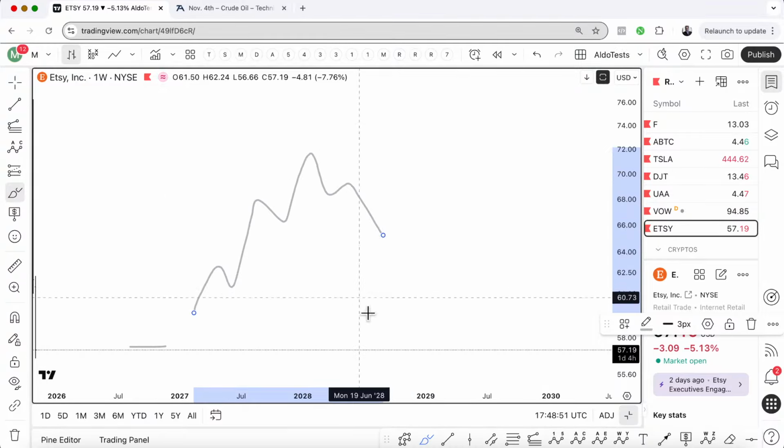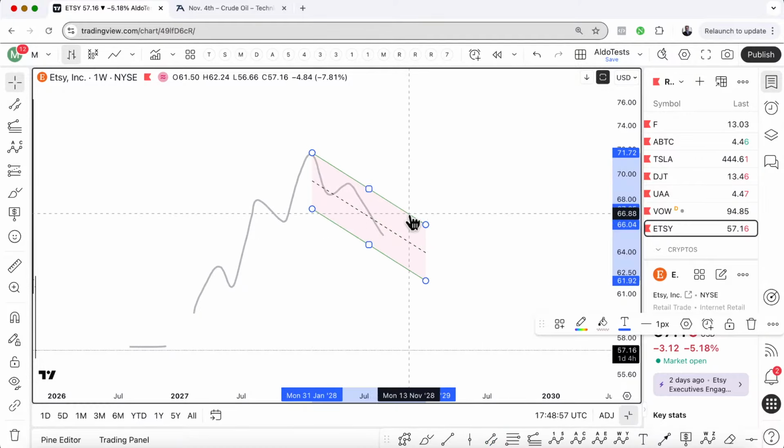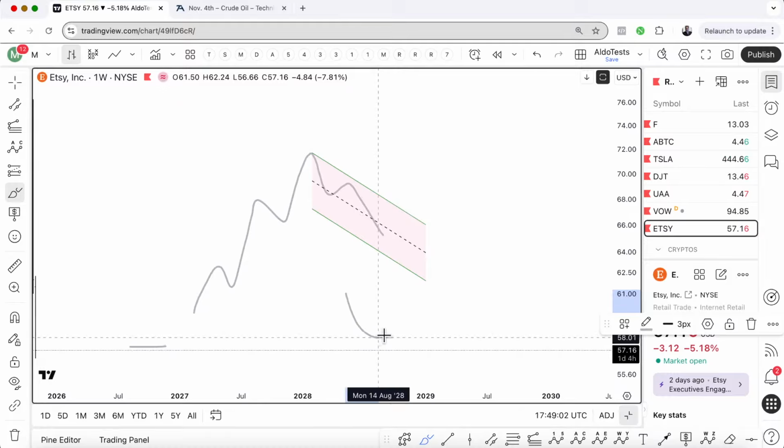But what I did was to tell you, let's use a channel here, remember? And if it coincides with stochastic crossing here, this is a great setup. And you can even make this setup even better, because the stochastic here is giving you the entry.